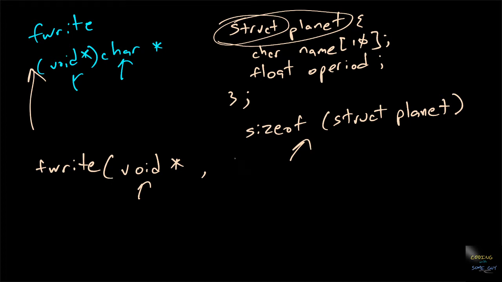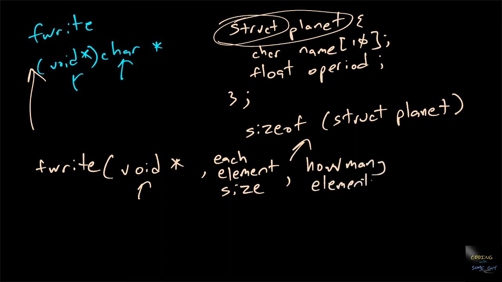So let's call this each element size. And then how many elements, and then obviously where you want to write it to. So there's a file pointer, which is where.